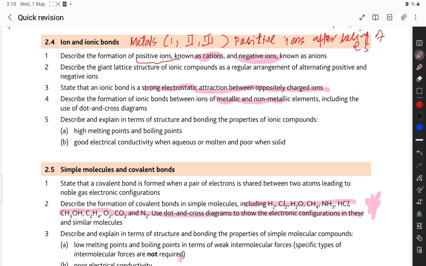And you know that positive ions are known as cations and negative ions are known as anions, and non-metals form negative ions. Please keep it in mind. Non-metals form negative ions after gaining electrons.